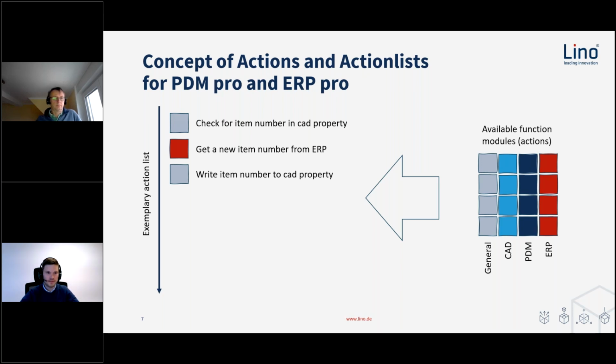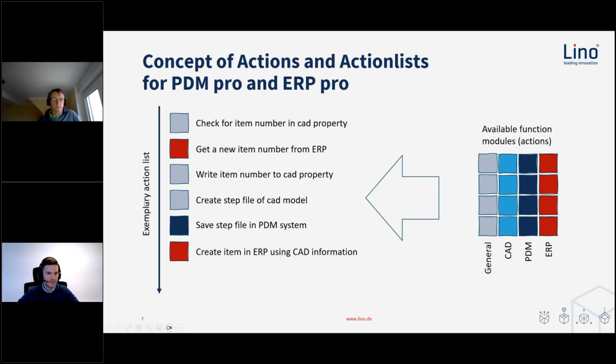After that, maybe a new item is created in the ERP system using the information from SOLIDWORKS and the previously reserved item number. Maybe then a new BOM is created in the ERP system, where the information from the CAD BOM is used. And this is just an example of a process that could look completely different for you.